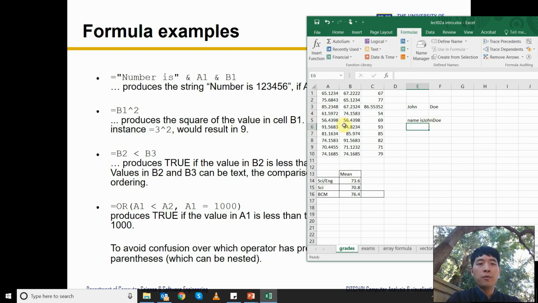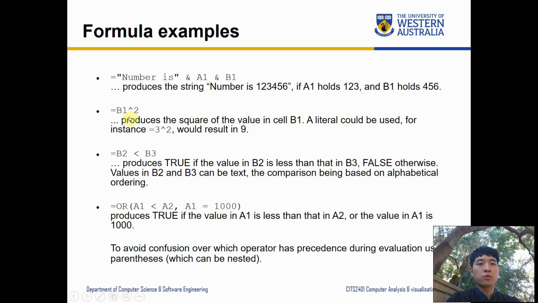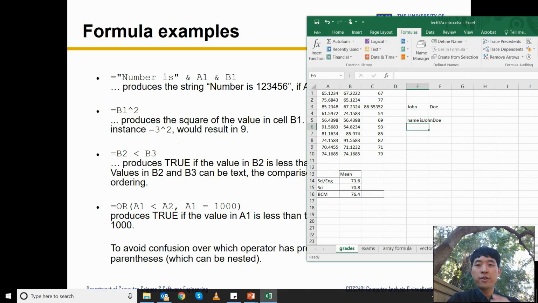As we've seen before, we can do the power function using the hat. We can do conditions, and if you put comparisons in an equation, it will evaluate as a Boolean. Boolean results are either true or false. So let's try.